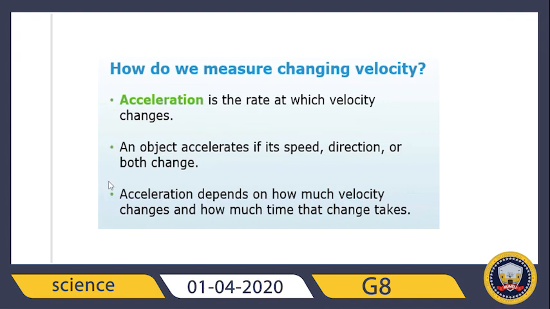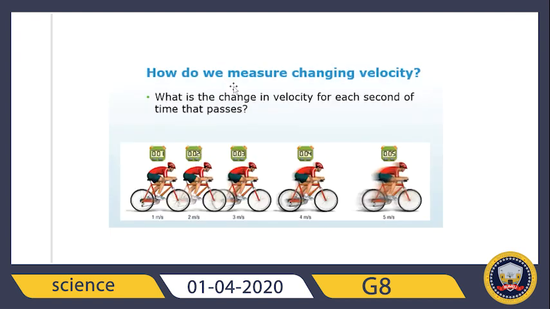To understand this point, guys, let us have a look at this diagram. What is the change in velocity for each second of time that passes? As you can see here, at second 1, this object was moving at a speed equal to 1 meter per second.